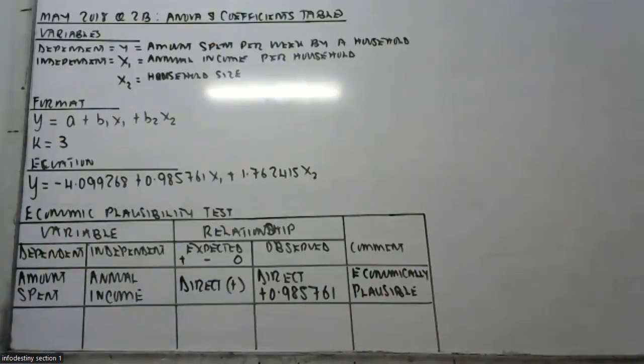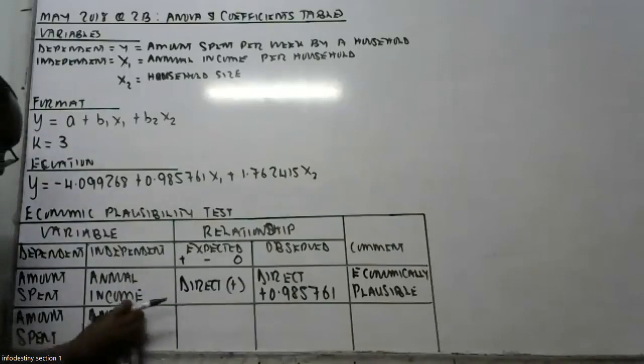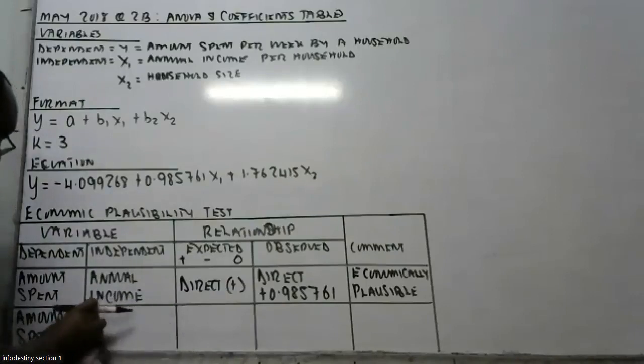Let's do the same here on amount spent. Not annual income, sorry. It is now household size. What's the second independent variable? The household size.